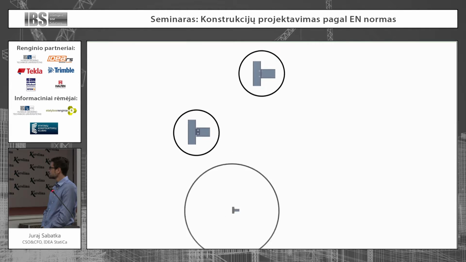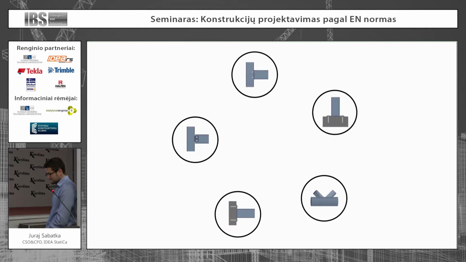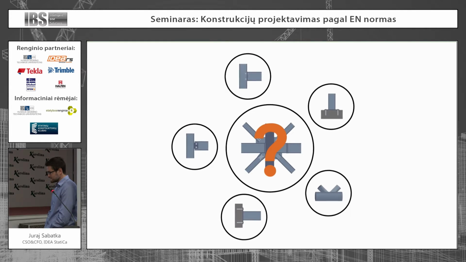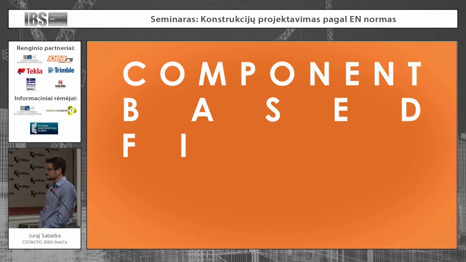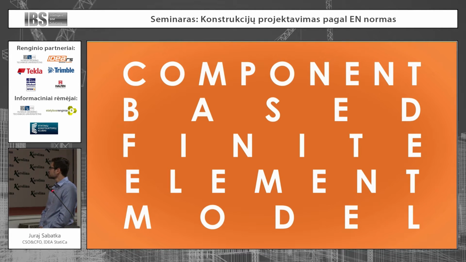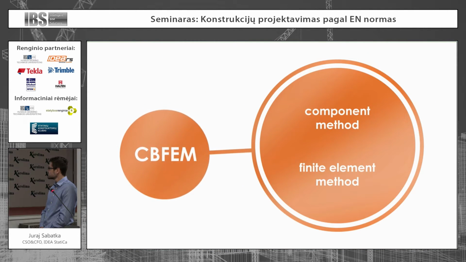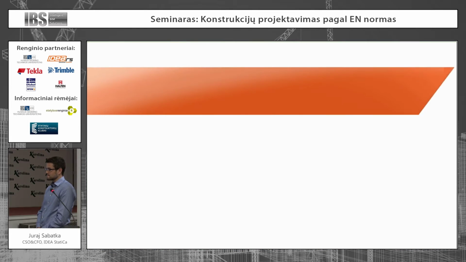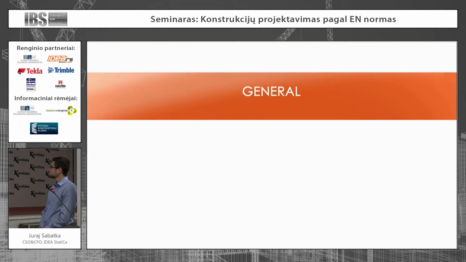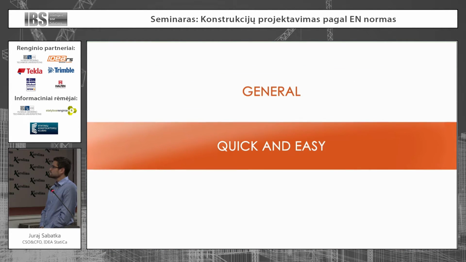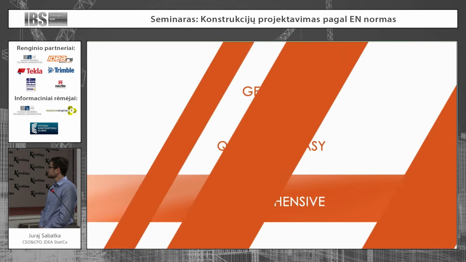Currently existing programs are based on a component method which is not general enough. StatiCa came up with a new method called Component-Based Finite Element Model, CBFEM, which is a synergy of component method and finite element method. CBFEM is widely applicable and quickly provides comprehensible results about joint behavior.